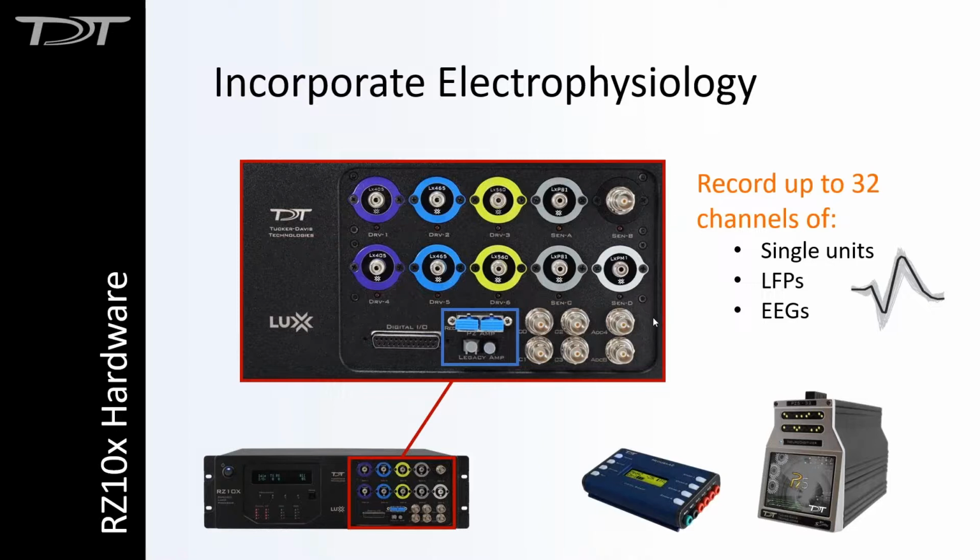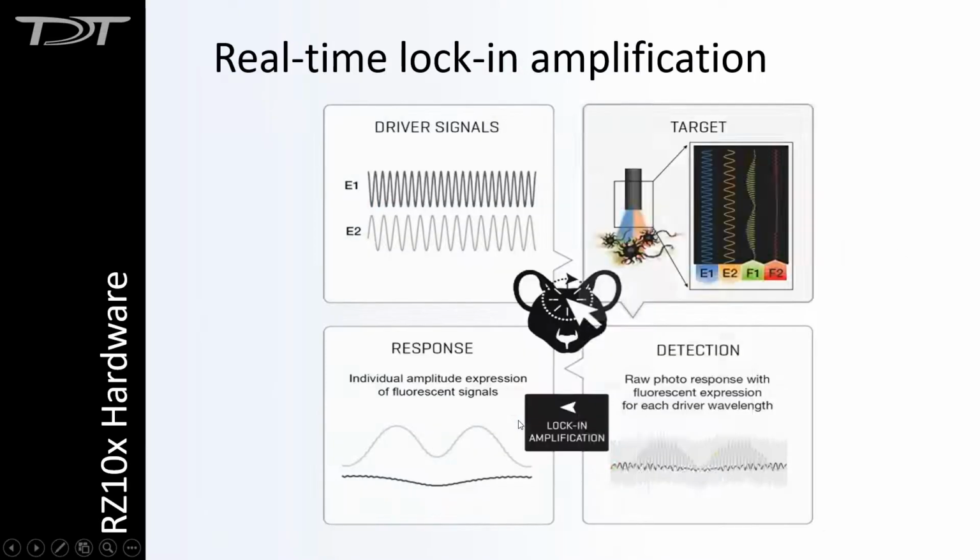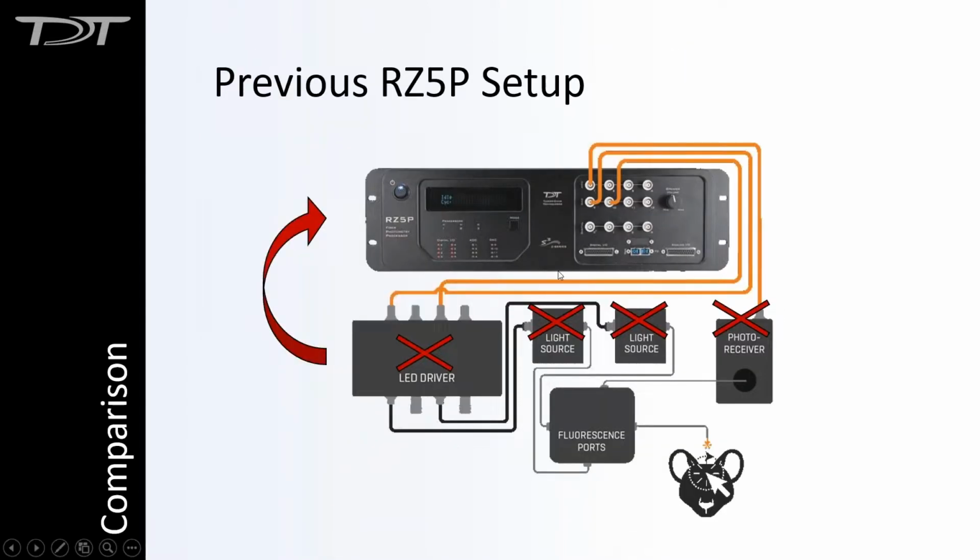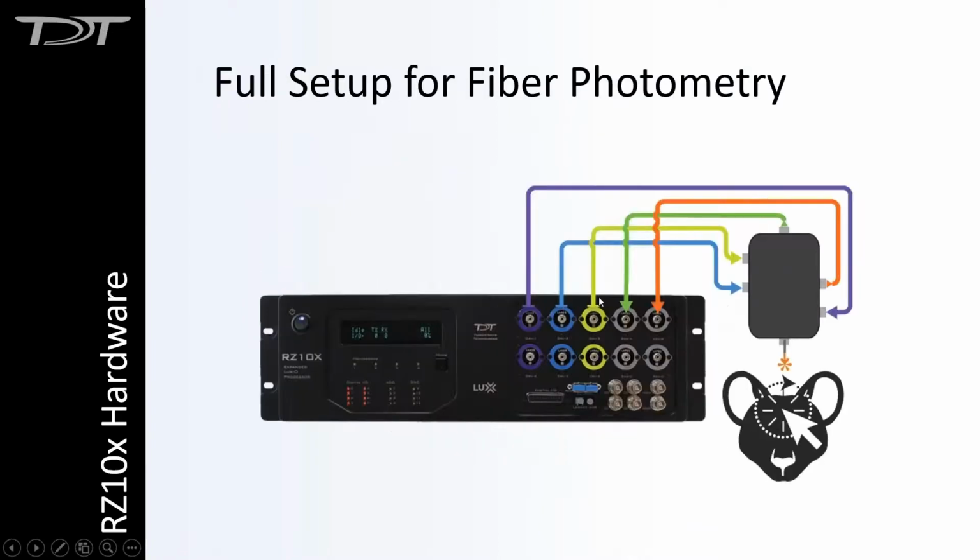With that upgrade, we're physically changing the RZ5P processor. I'll just move on to the example. This is the RZ5P, and this is what it looks like before with just BNC connections. It's going to be changing to the RZ10X, so everything on that front panel is going to change.